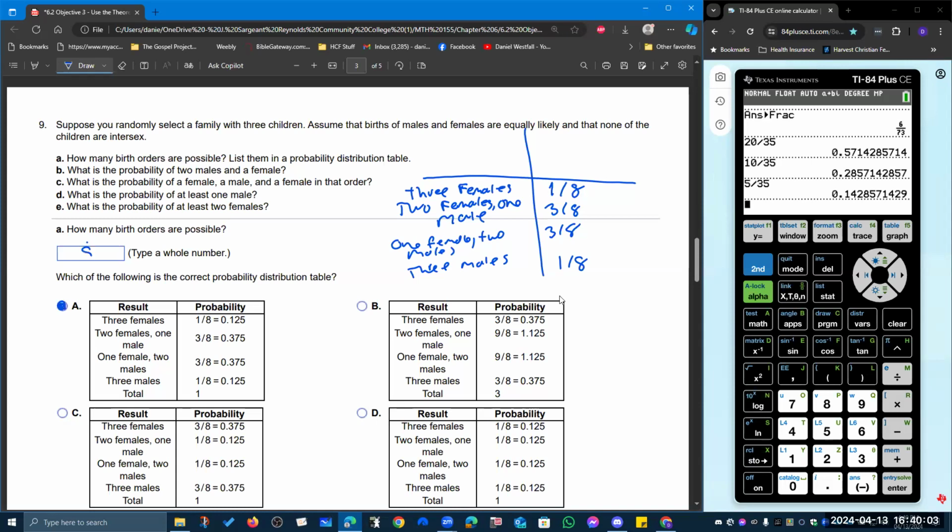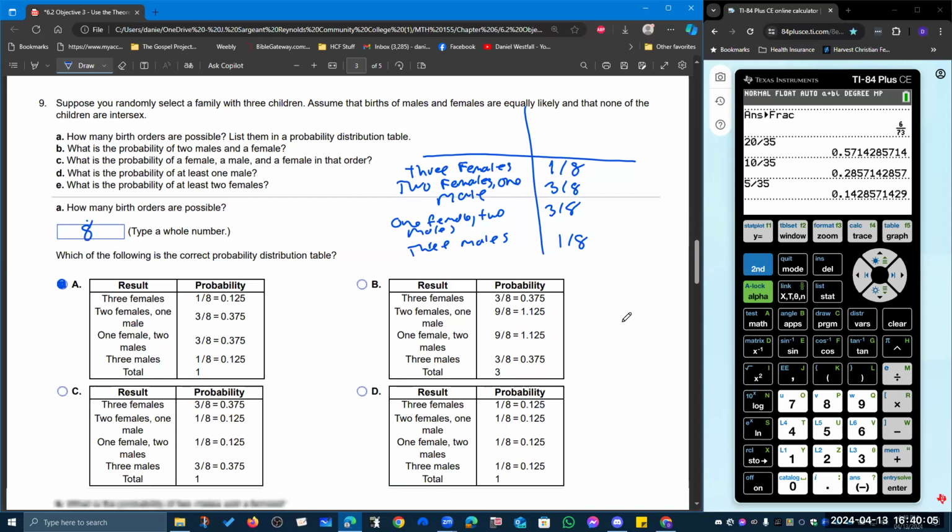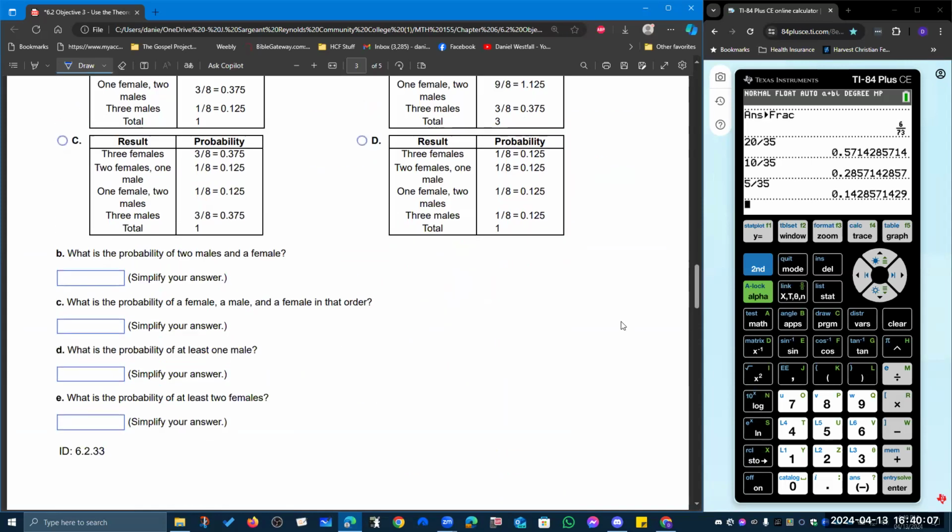There are 8 possible birth orders. Probability of 2 males and a female is 3 out of 8. Probability of a female, a male, and a female in that order is 1 out of 8. At least 1 male is going to be 7 out of 8, because that's going to be 1 minus all females.